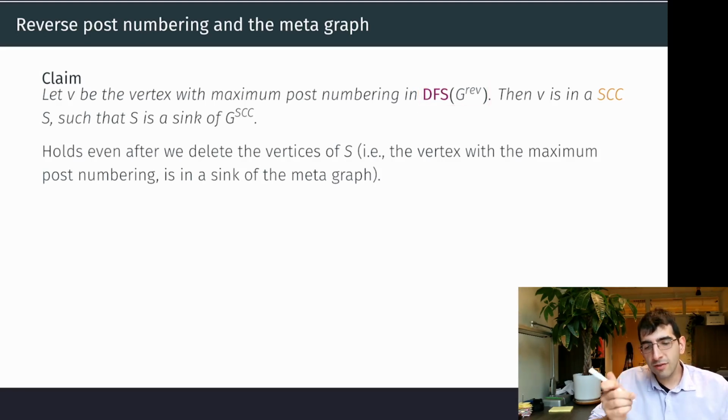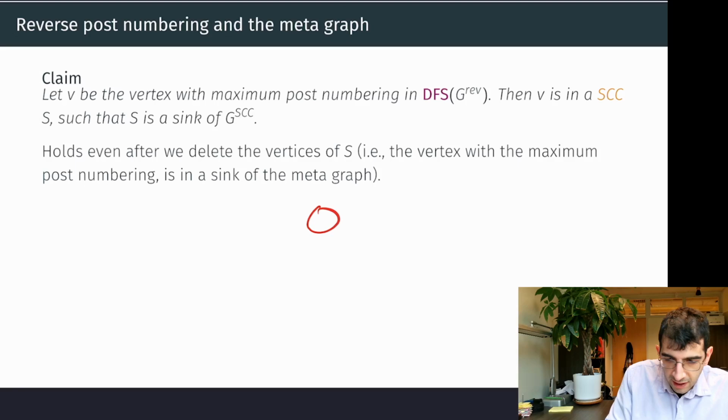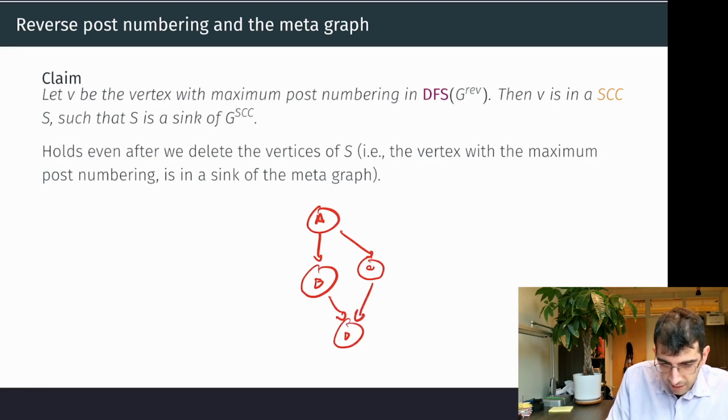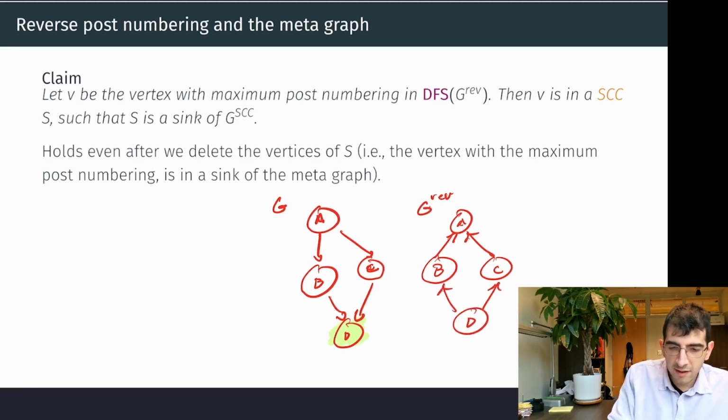Okay, so what does reverse graph mean? Let's write a graph, A, B, C, D. If a vertex is a sink in the normal graph, G, then in G reverse, this vertex is now a source.